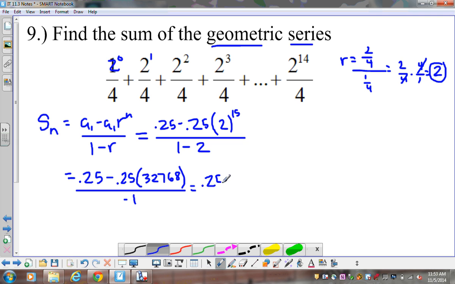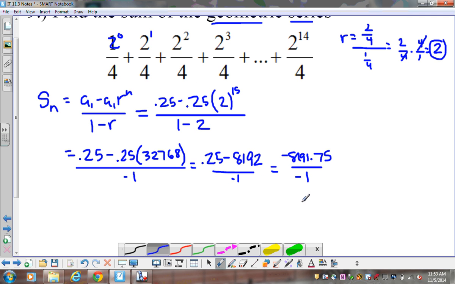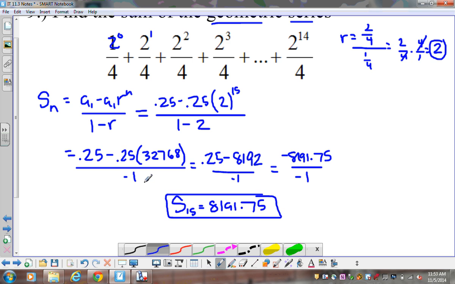When I do that, I get 0.25 minus 8,192, all over negative 1. When I subtract that, I get negative 8191.75. Dividing by negative 1, a negative divided by a negative is a positive number. So the sum of my first 15 terms of that sequence is positive 8191.75.